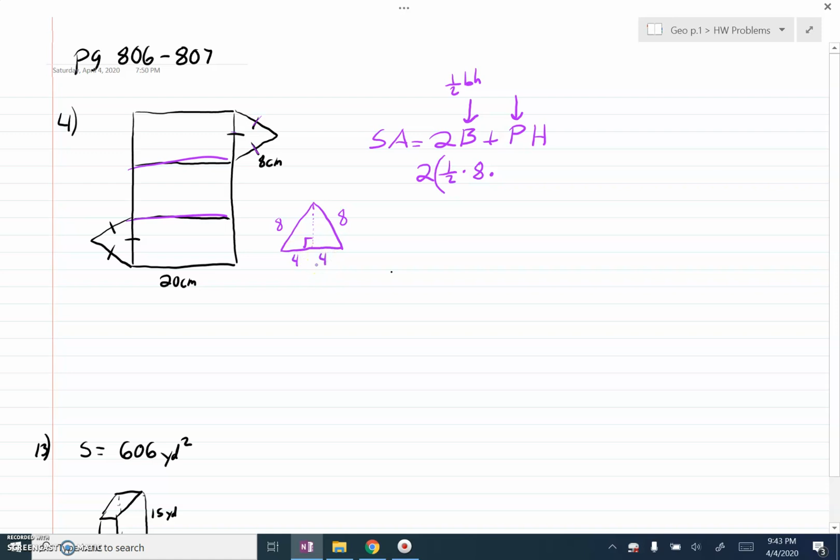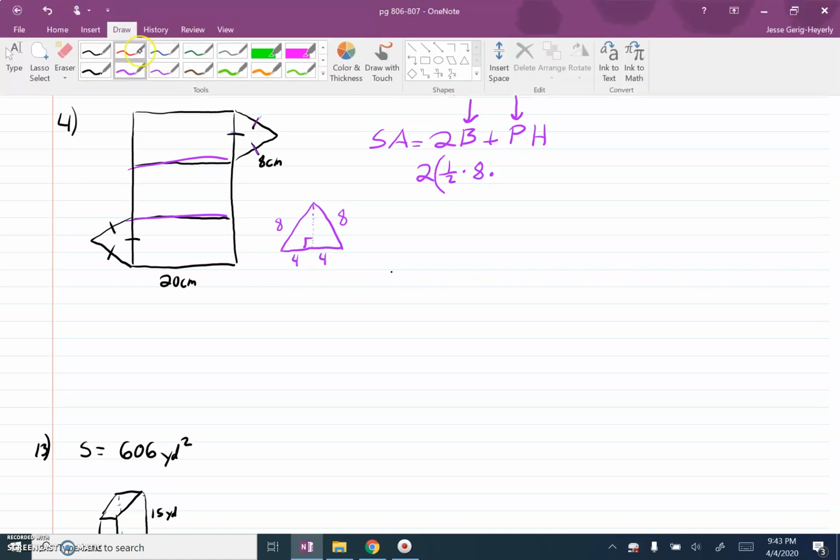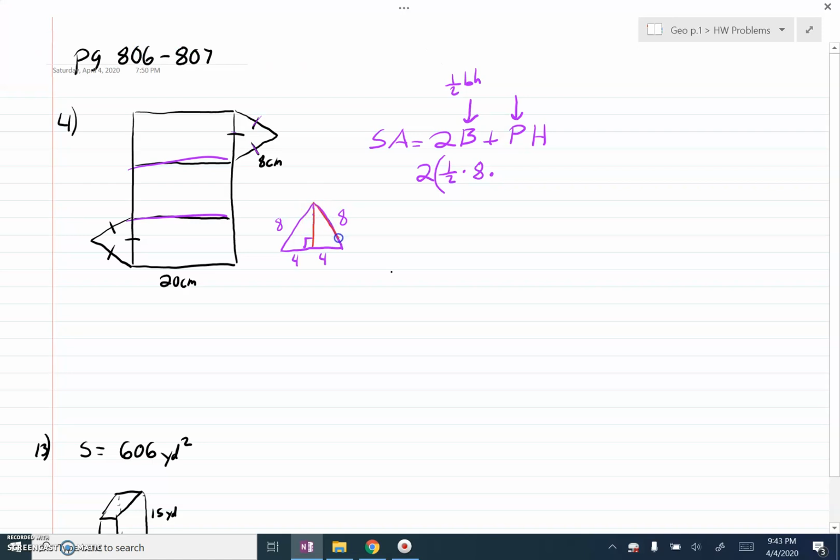So again, we get to do the Pythagorean theorem. I'm looking at this triangle right here, and I can find the height. So it'd be 4 squared plus, this would be the side I don't know, another leg, b squared equals 8 squared. So 16 plus b squared equals 64. b squared would equal 48, hopefully.